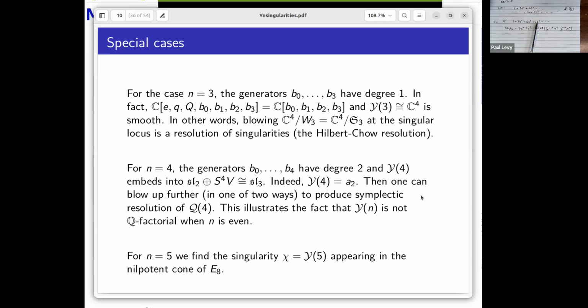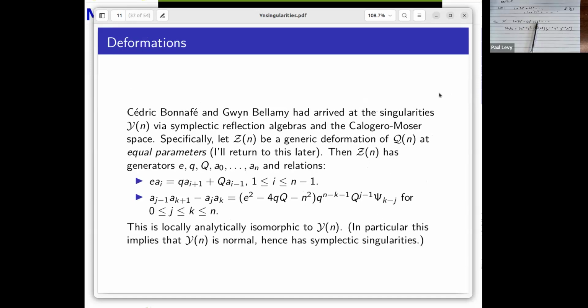So, okay, the first two special cases are kind of interesting. Right, so we've been thinking about this in terms of this nilpotent cone of E8. But Cédric Bonnafé and Gwyn Bellamy, separately, had been looking at deformations, via symplectic reflection algebras, of dihedral group quotient singularities.